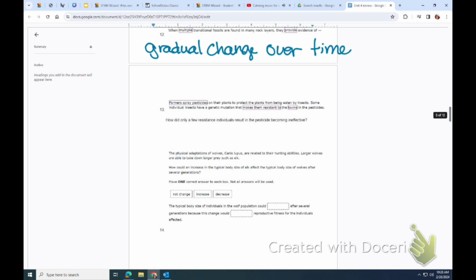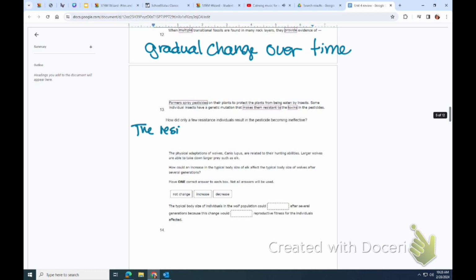Number 13, I'm just going to give you. This is going to be really hard for you to come up with on your own. Farmers spray pesticides on their plants to protect the plants from being eaten by insects. Some individual insects have a genetic mutation that makes them resistant to the toxins in the pesticides. How did only a few resistant individuals result in the pesticides becoming ineffective? So here's the answer.